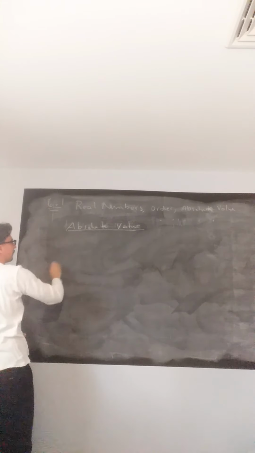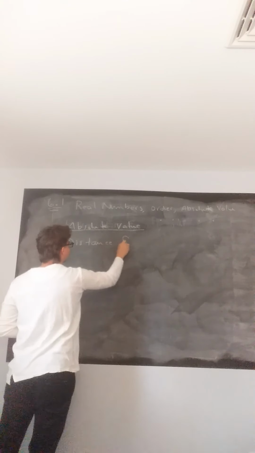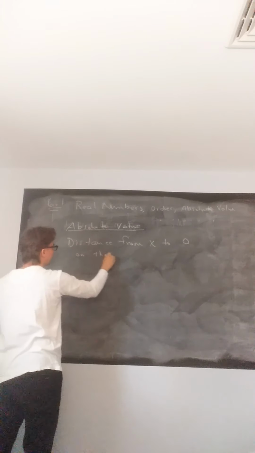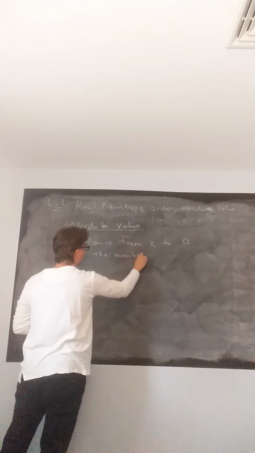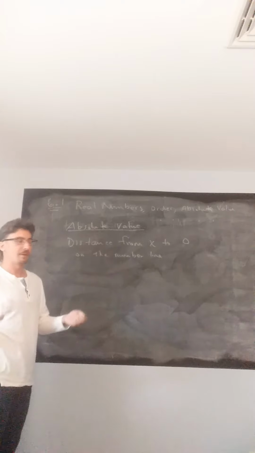So absolute value, what is that exactly? It's the distance from a number x to 0 on the number line. That's what absolute value is without using all the notations.